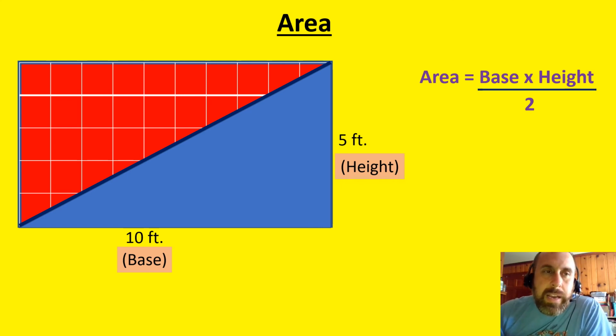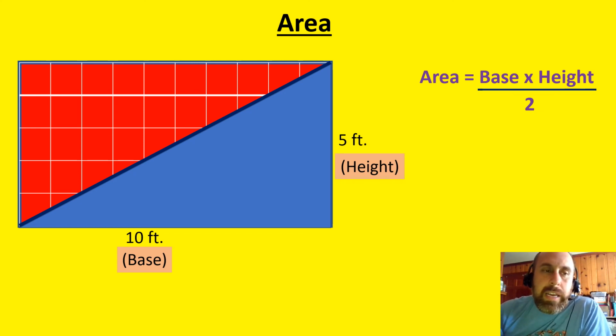Can you see where that came from? From the rectangle. We took the length and the width of the rectangle and cut it in half, and that made a triangle. We're going to do the same thing, but instead of length and width, we're calling it base and height, and then we're going to cut it in half. And how do we cut something in half? Well, we just divide it by 2. That's the easiest way to do it.